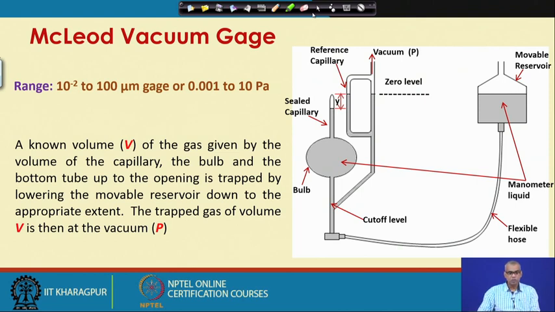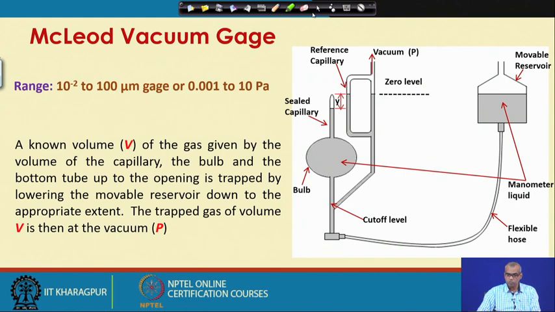The typical range of a McLeod gauge is 10 to the power minus 2 to 100 micrometer, or 0.001 to 10 pascals. The working principle, I will repeat, is as follows.